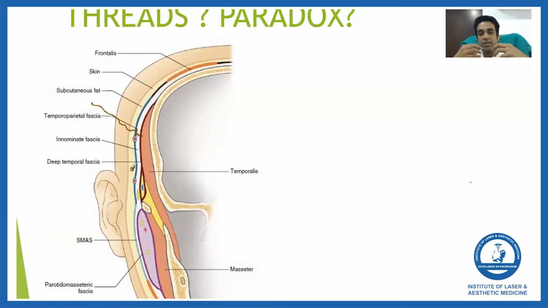Why are there compartments? Because there might be a medial cheek fat, but what is holding that fat? There are ligamentous capsules in which these fatty tissues are contained.